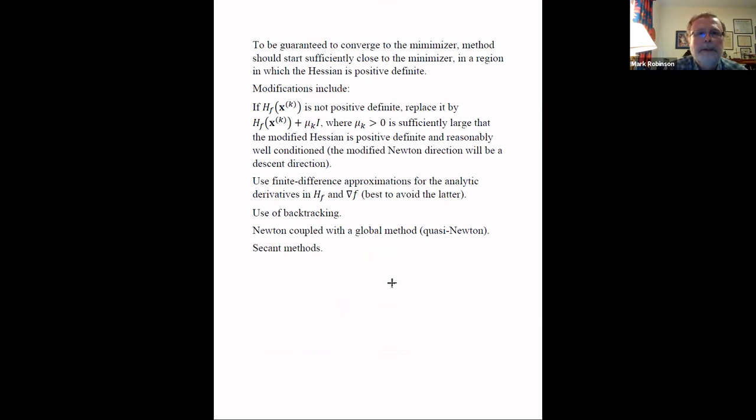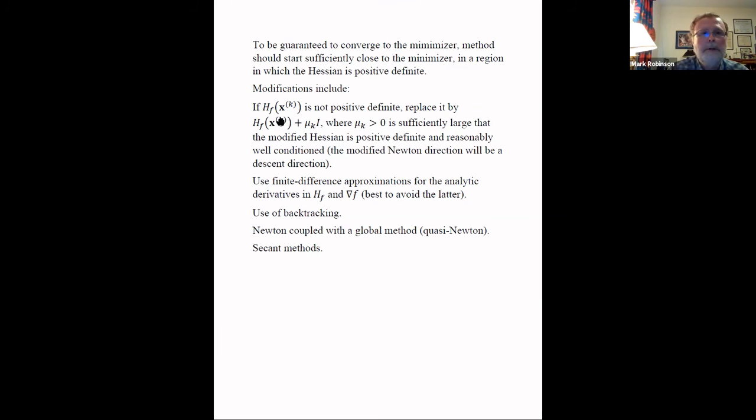And I made a statement at the top there: to be guaranteed to converge to the minimizer, you should start sufficiently close to the minimizer in a region in which the Hessian is positive definite. There are some modifications that are possible to the method. If at a particular step the Hessian is not positive definite, you could replace it by a small corrected version. Here you're adding a scalar multiple of the identity matrix, right?